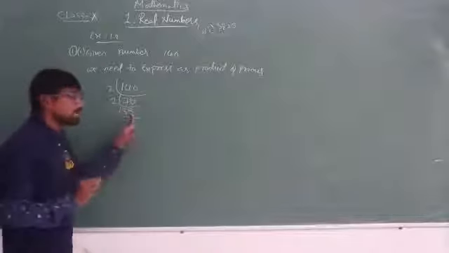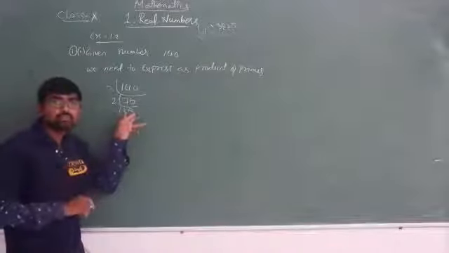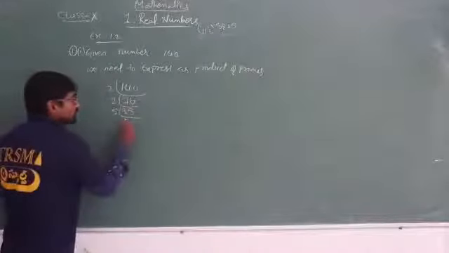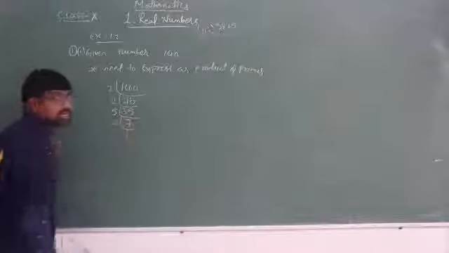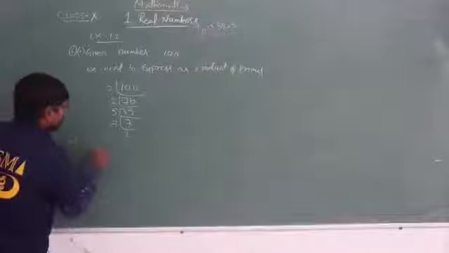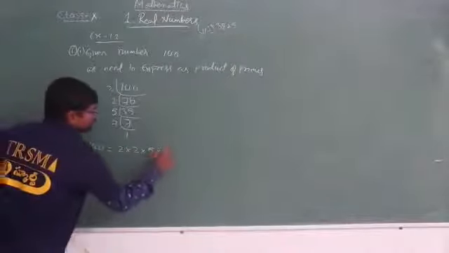So 3 plus 5 I am getting 8. 8 is not divisible by 3, so directly I will take 5. 5 7s are 35. 7 1s are 7. Therefore 140 is equal to 2 into 2 into 5 into 7.